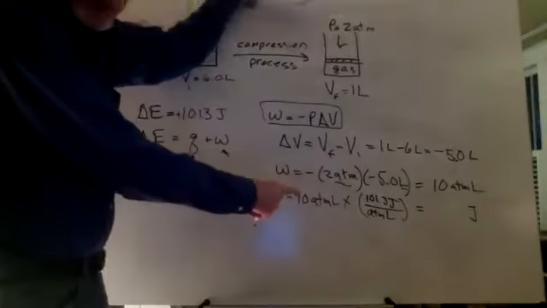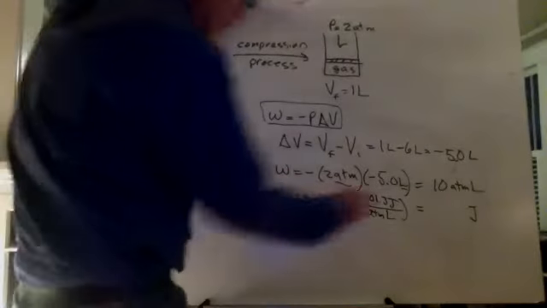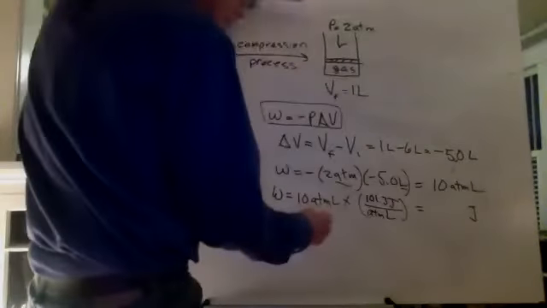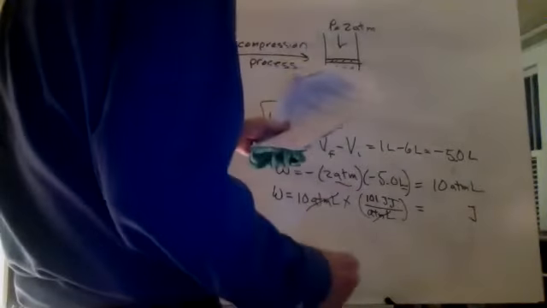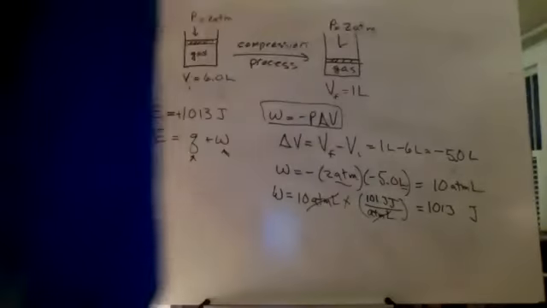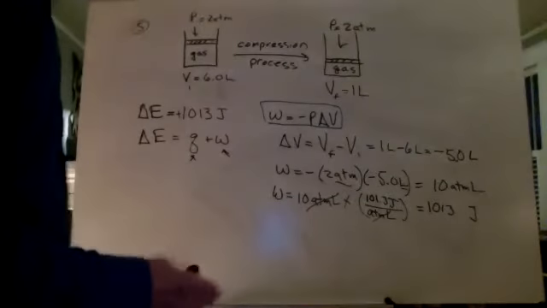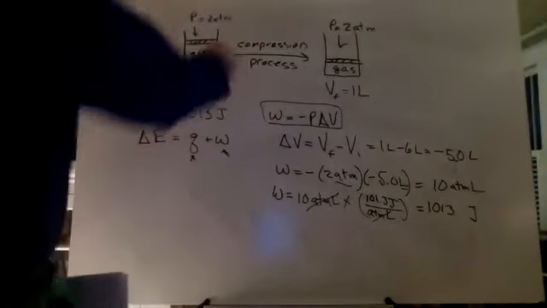Even I don't remember it. So there's our conversion factor for converting from positive 10 atmosphere liters into joules. The atmosphere liters will cancel, and you end up with 1,013 joules. So that's the magnitude of work energy for that process.